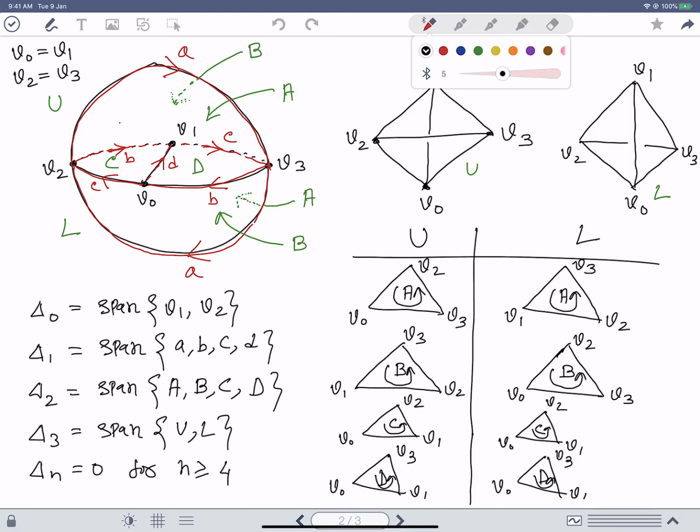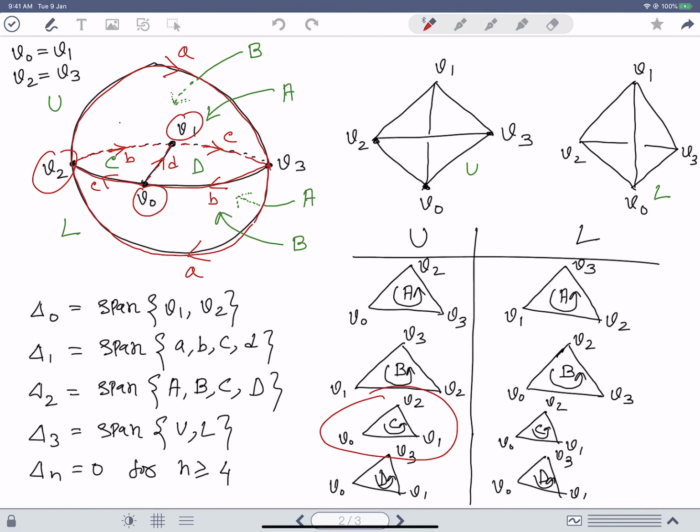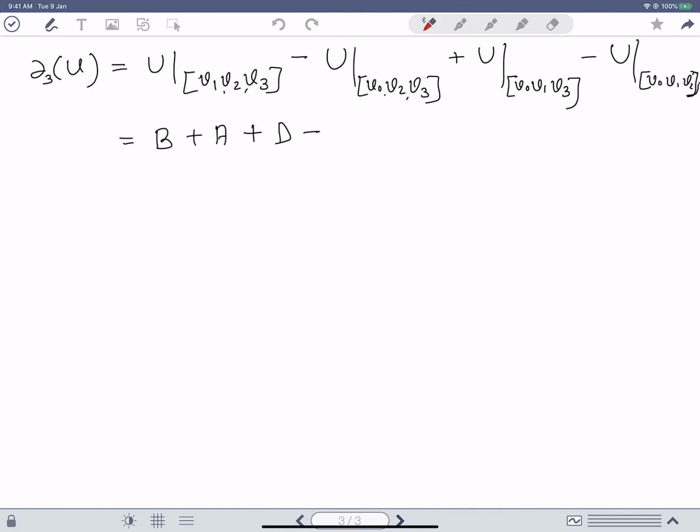Now again look at here. V0, V1, V2, so that is C. Now if you look at C, then V0, V1, V2, this is a positive sign, right? So minus of plus C. So this is a minus. So we have delta 3 of U equal to A plus B plus D minus C.